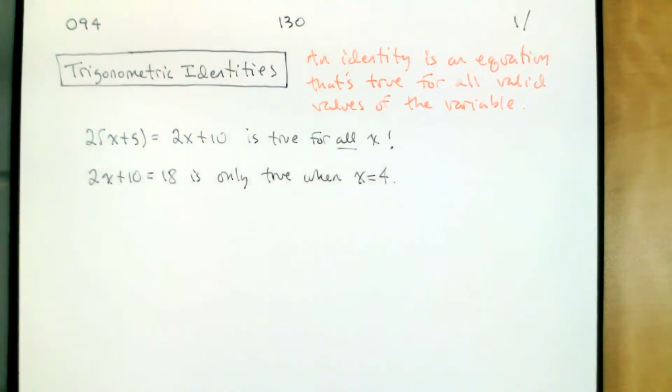However, if I write the equation 2x plus 10 equals 18, that equation is only true when x is equal to 4. Yeah, I actually got it right. 2x plus 10 equals 18 is only true when x equals 4. This is a conditional equation.